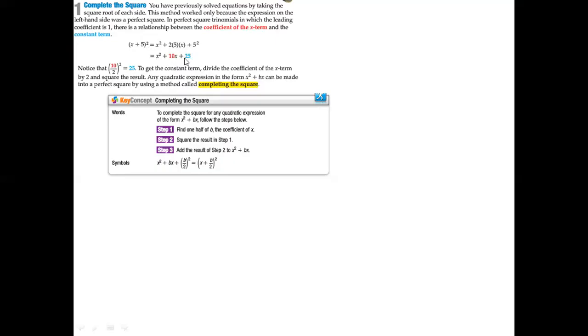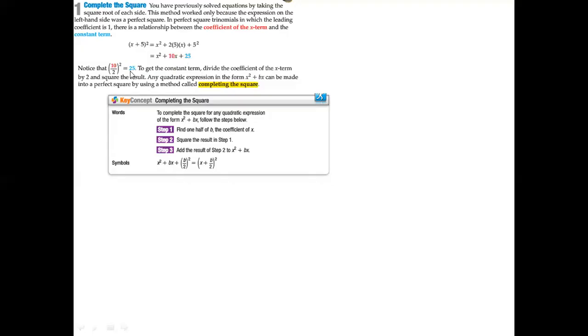Now, this always happens with perfect square trinomials: if you take half the coefficient of the middle term and square it, you'll get the constant term. So for example, if I take half of 10 and square it, I get 25. So to get the constant term, divide the coefficient of the x term by 2 and square that.